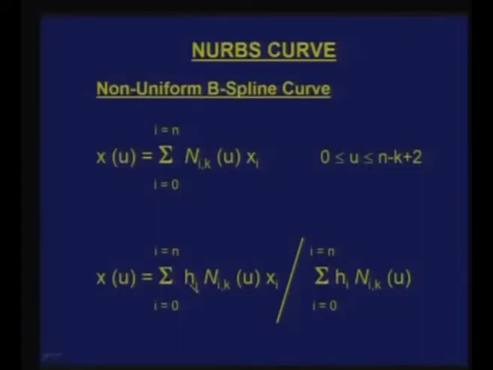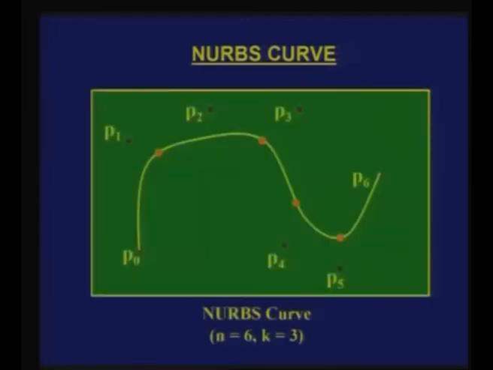Now, if all the h values are 1, then this is nothing but a non-uniform B-spline curve. If I give different values of h, then you get a non-uniform rational B-spline curve. Now, what is the effect of that?